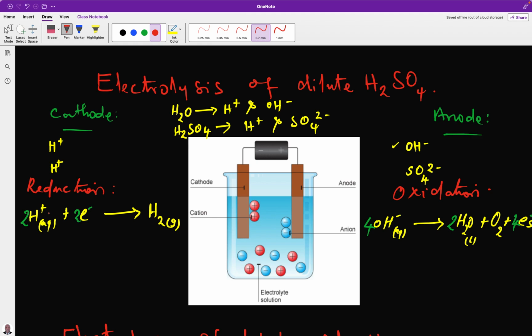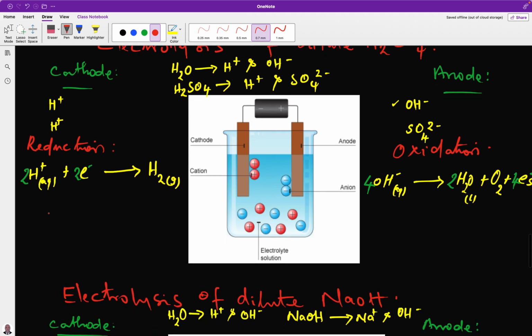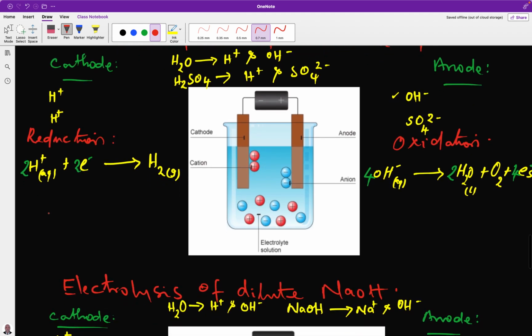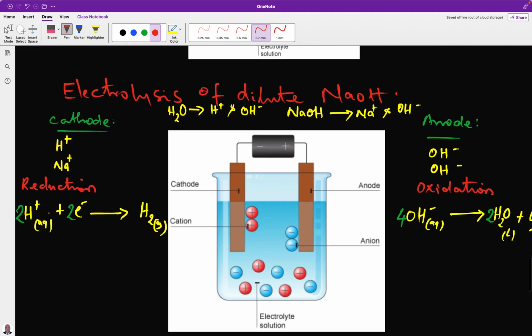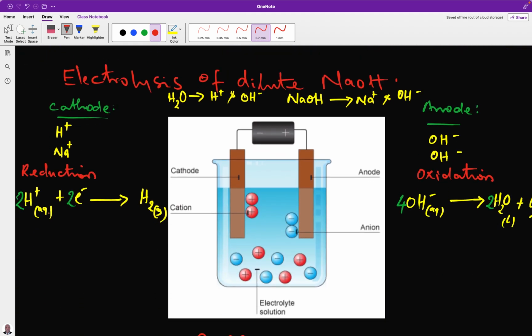Which one is given the priority? The one lower in the electrochemical series, and in that case the OH ion was given the priority, and we can now write our reduction and oxidation reactions simultaneously.